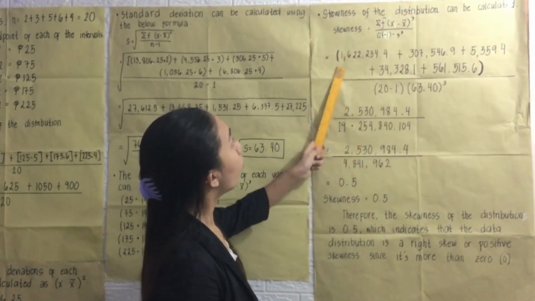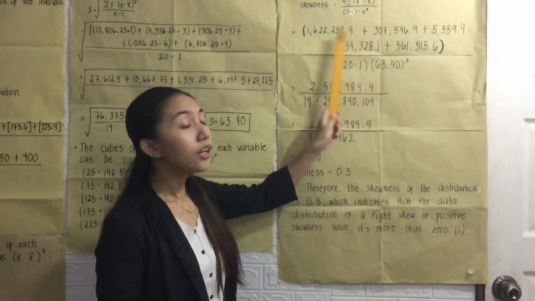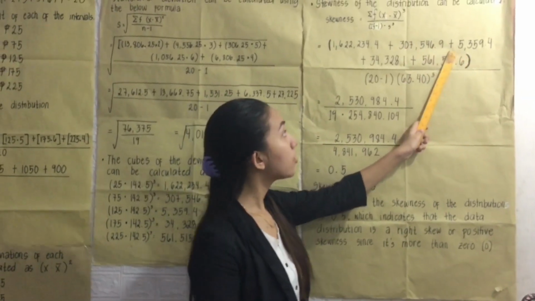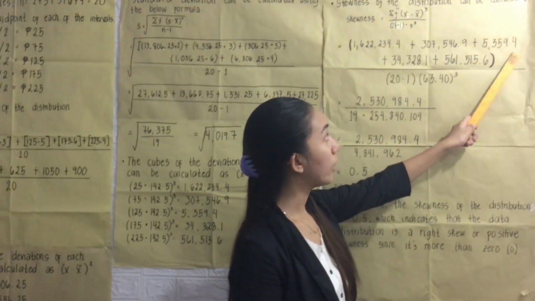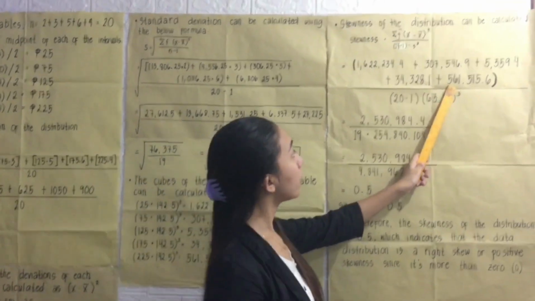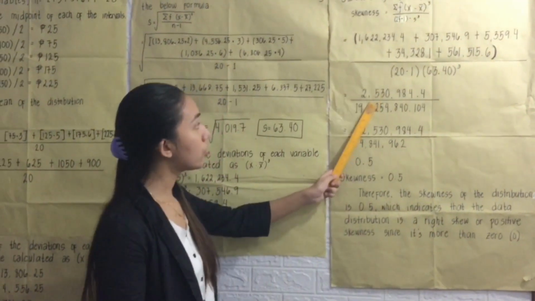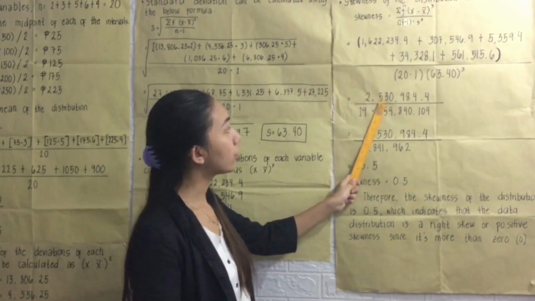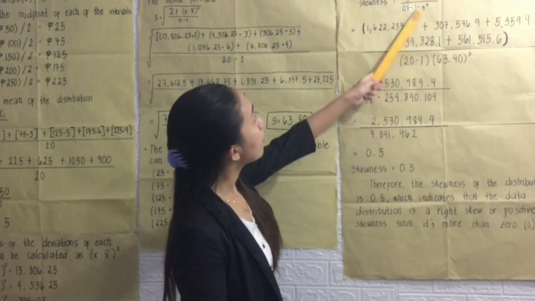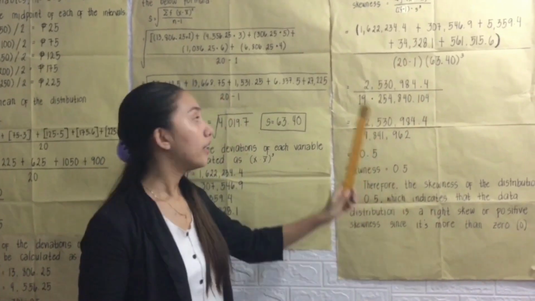So we have here 1,622,234.4 plus 307,546.9 plus 5,359.4 plus 34,328.1 plus 561,515.6, which is equal to 2,530,984.4. So we have the summation of frequency, which is 20 minus 1, equal to 19.